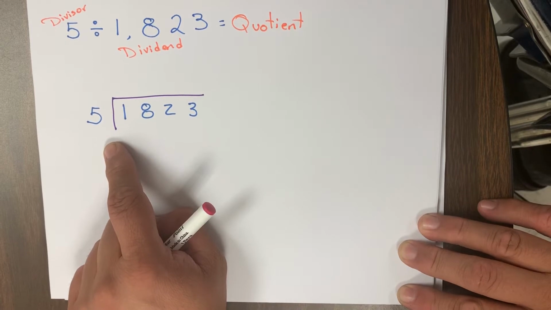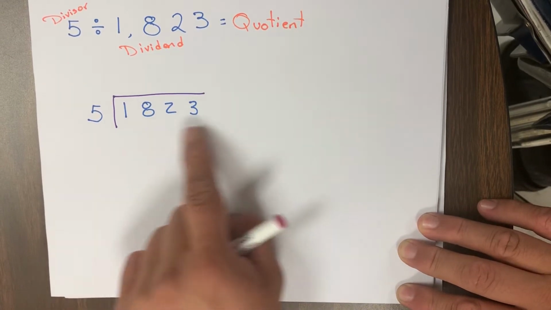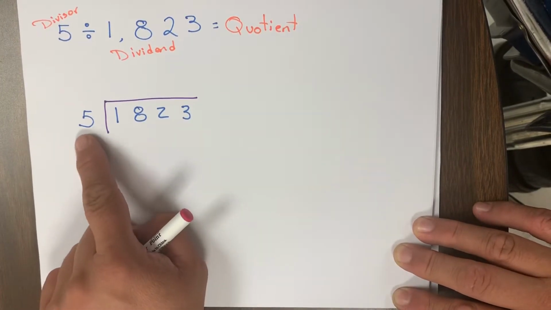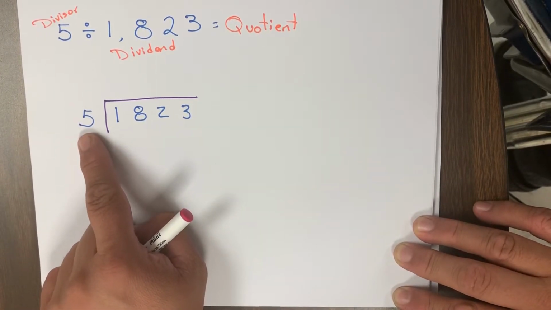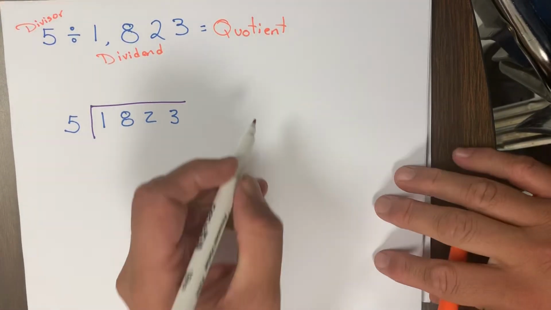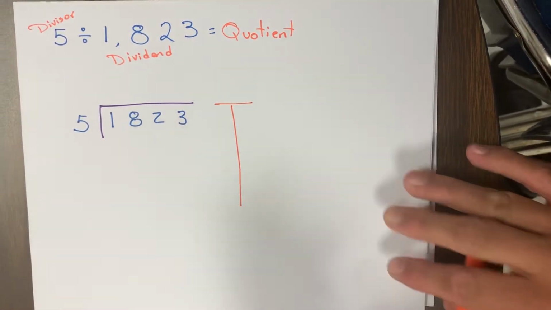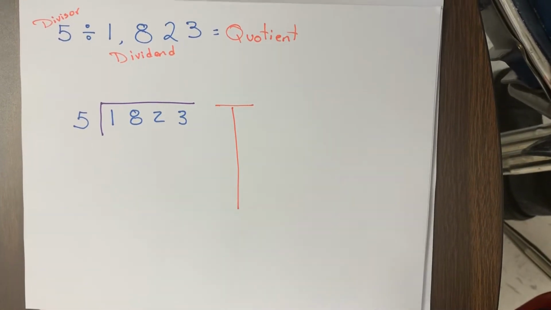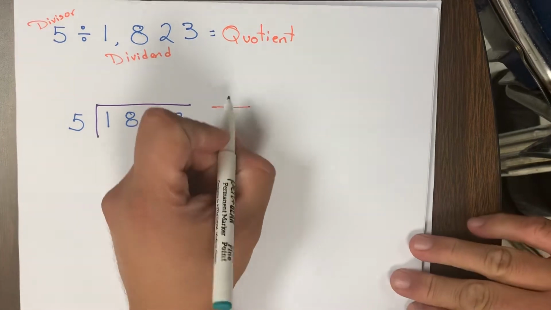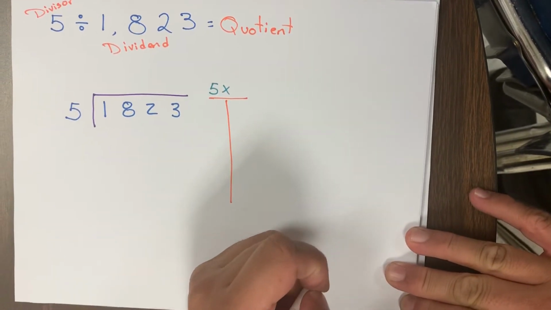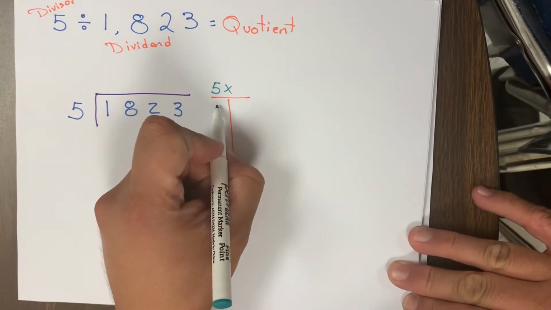The first thing that I'm going to ask you to do, please, is beside it, write the times table that you're going to be using. In this case, the number 5 is the divisor, so I'm going to include it right here. This is the times table of 5. Start from 0 all the way to 9. You don't need more than 9 for a long division.